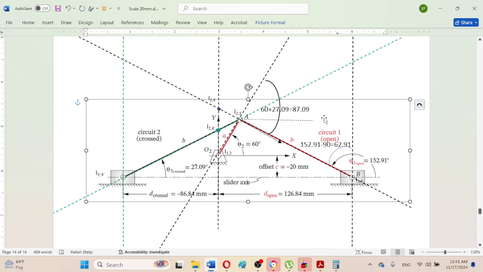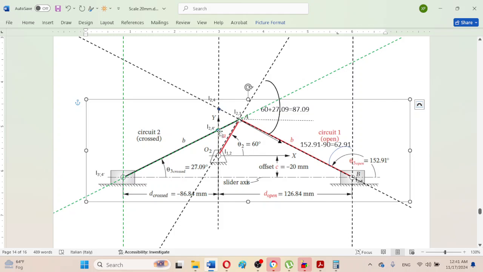In this case it was located not on any link, but for the left circuit this is located on the connecting rod, because this parallel line is intersecting the line which connects the instant centers 2,3 and 3,4 dash at this point.